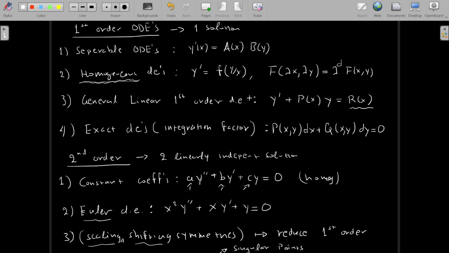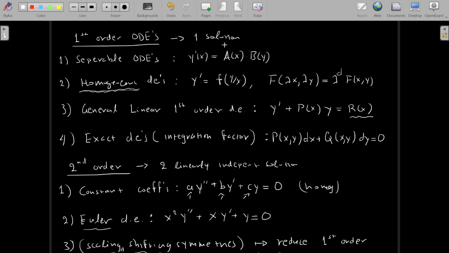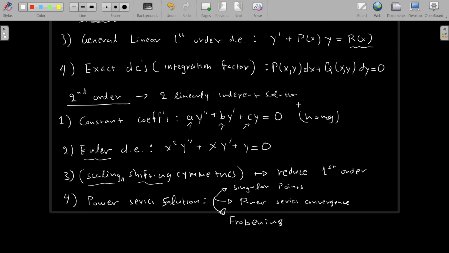For the homogeneous part, of course, you will have two solutions, and for the non-homogeneous part you have one extra solution: two linearly independent solutions plus one solution called y of p for the non-homogeneous part.